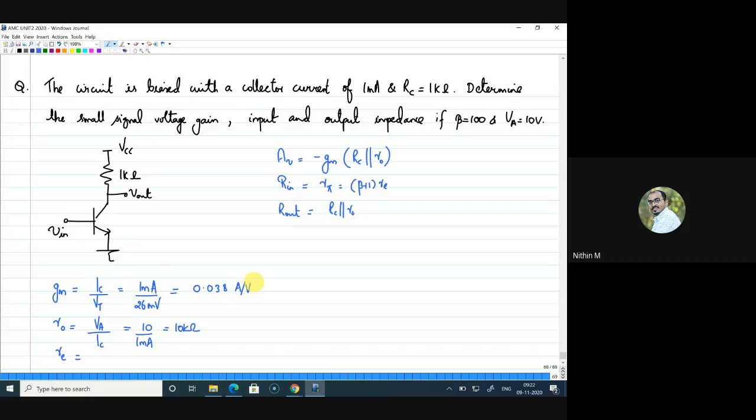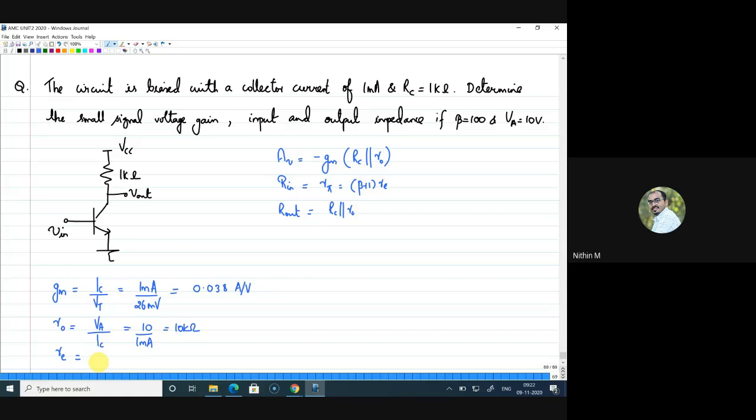Now what about RE? R pi by beta plus 1. Okay, so what is R pi? R pi is thermal voltage by IB. So IB I can write as IC by beta. So approximately, take R pi as beta by gm.